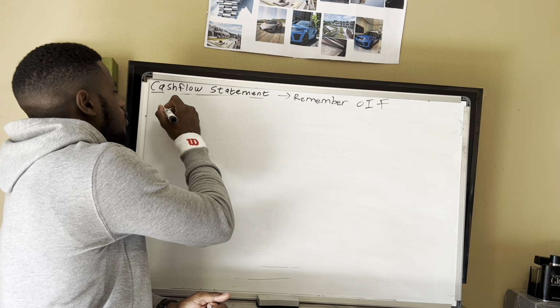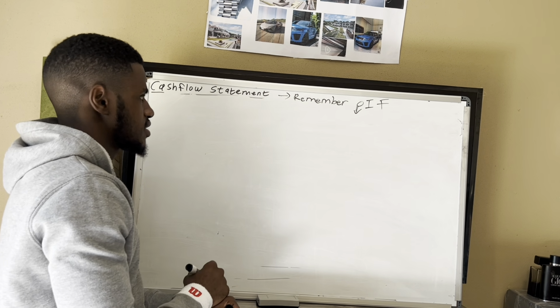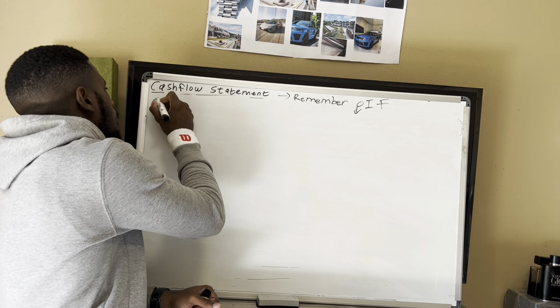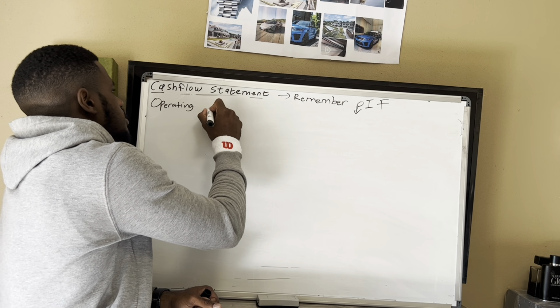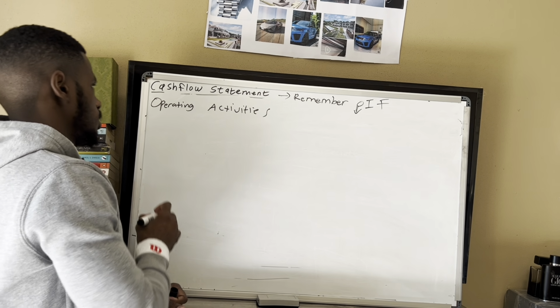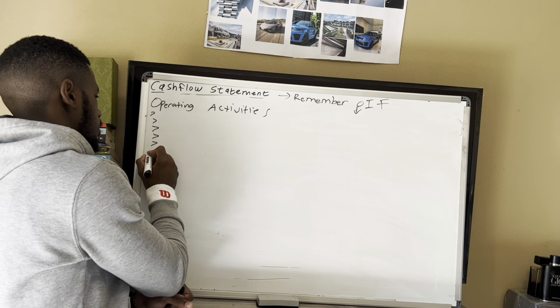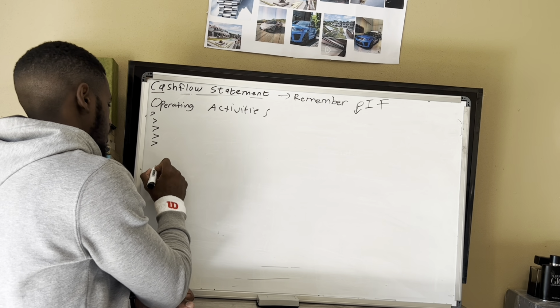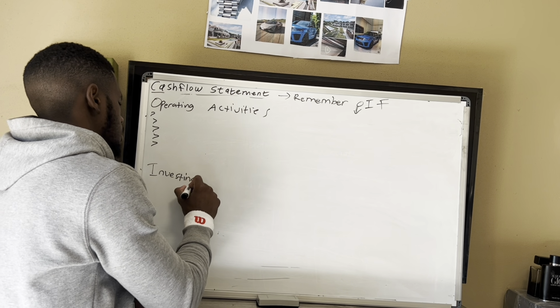O is for operations, or operating activities. We have our operating activities here. Then we'll have our investing activities.